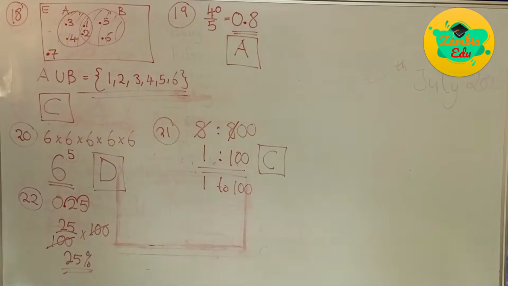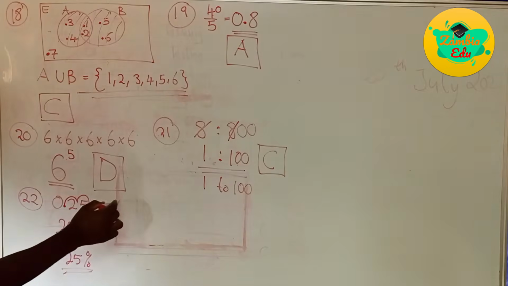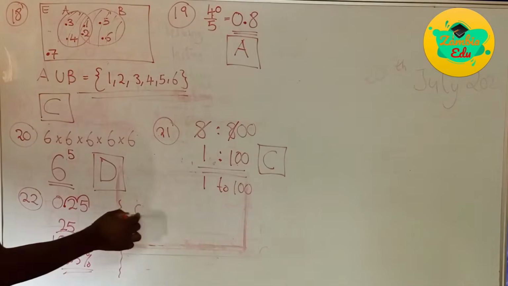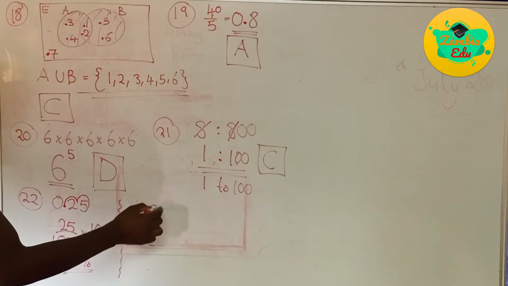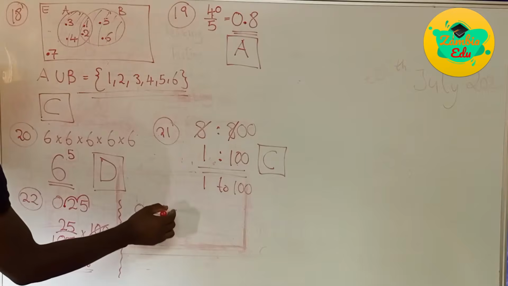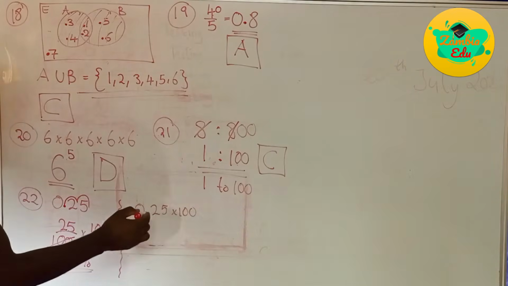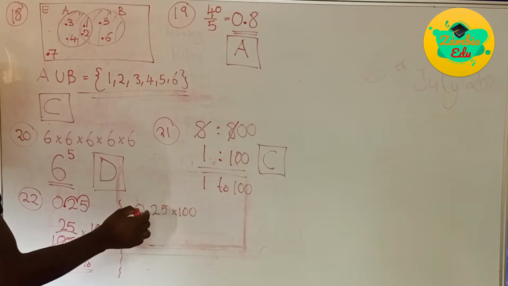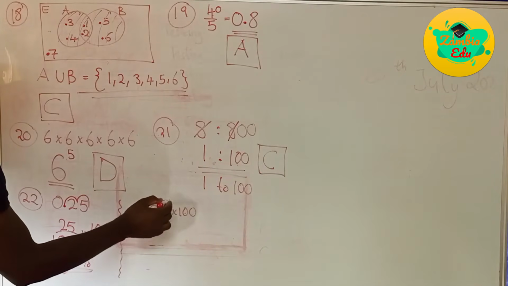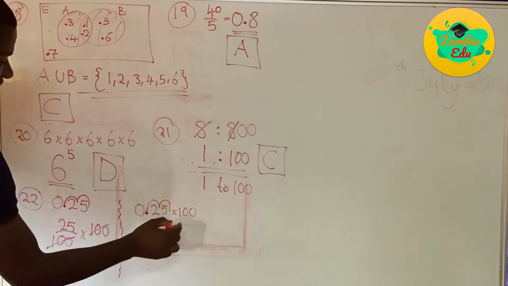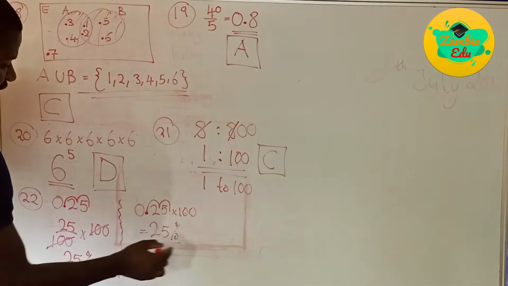Or if you do not want to use this method, you can just say 0.25 times 100. Because I'm multiplying by 100, the decimal point moves, which still gives us 25 as a percentage.